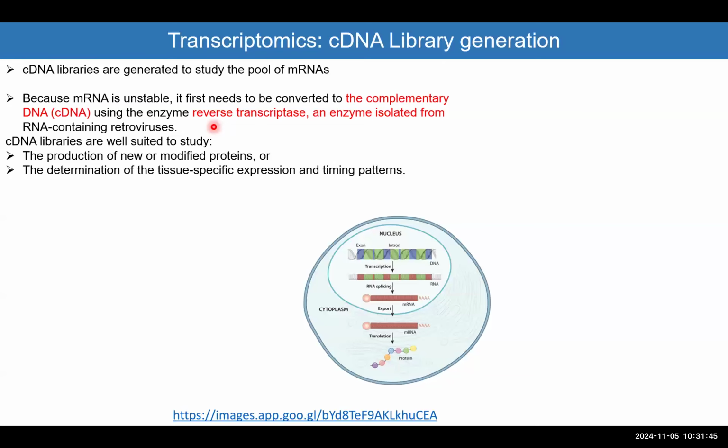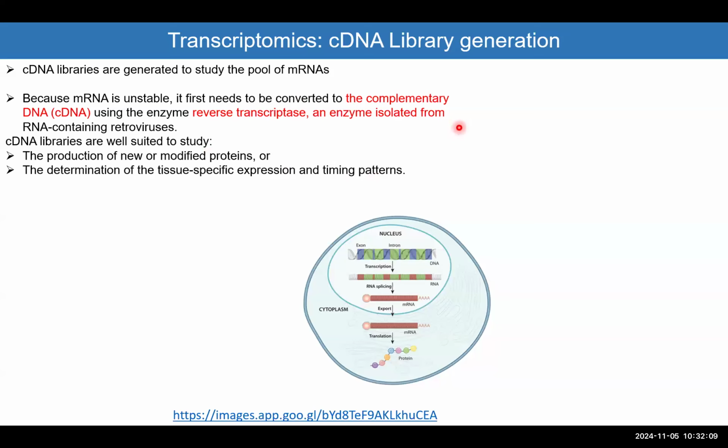Again, for generating a cDNA library, you recall that we have to use messenger RNAs. And in order to do a conversion, or reversion, if you want to say, from the RNA back to the DNA, you have to use what we call a reverse transcriptase.